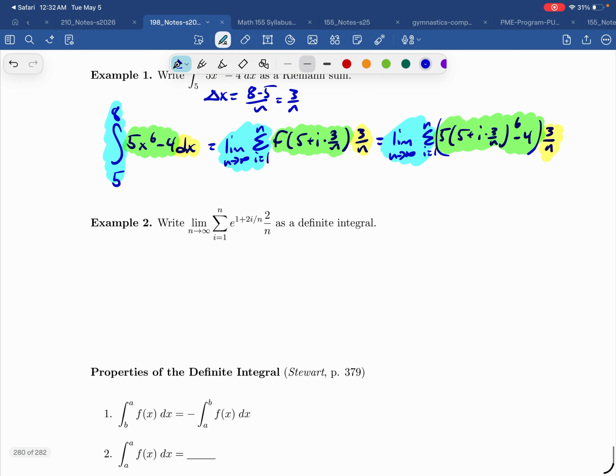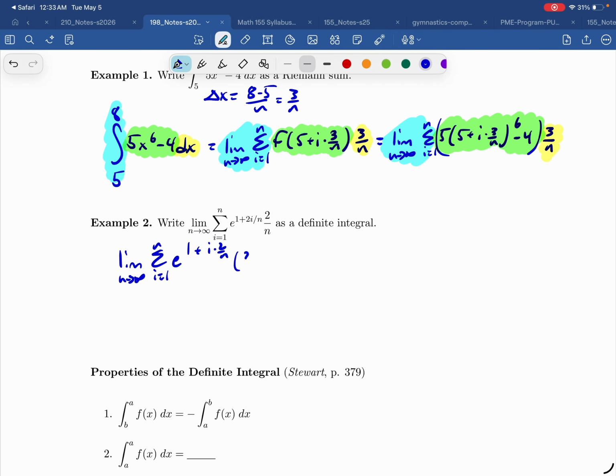And we could go the other way, right? I could say, take this disgusting limit of a sum, whatever, and write it as a definite integral. So what you have to do is rewrite this as, as n approaches infinity, the sum from i equals 1 to n of e to the 1 plus, note that I could write this as i times 2 over n. That's very important. And then we're multiplying all this by 2 over n.